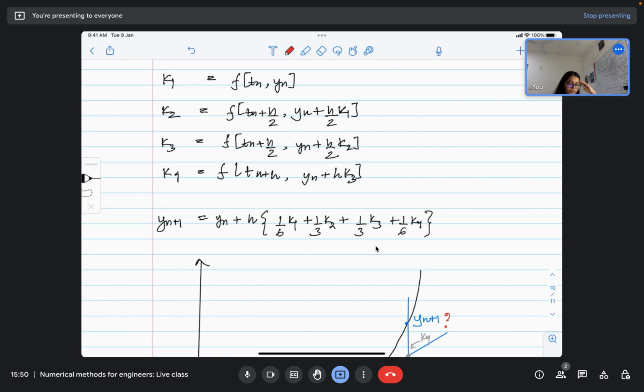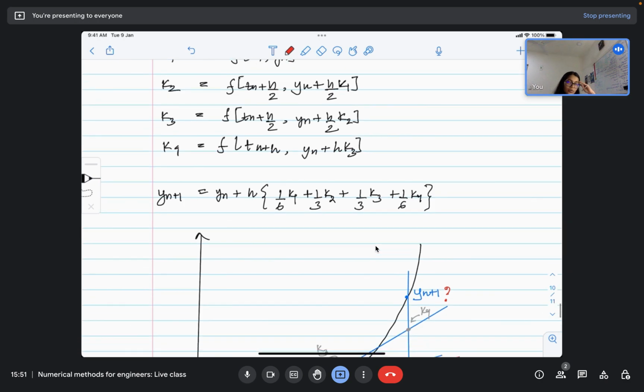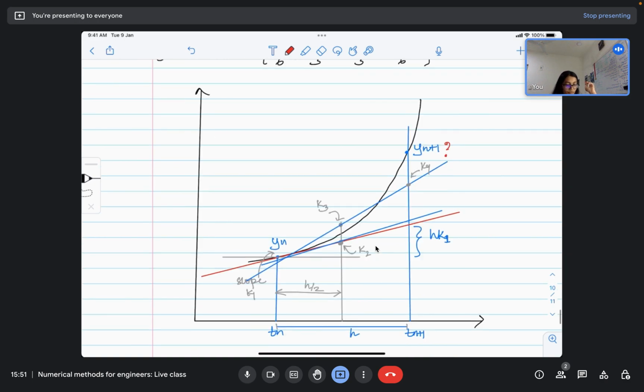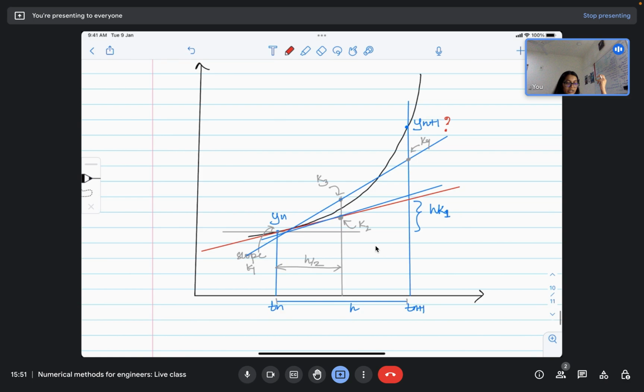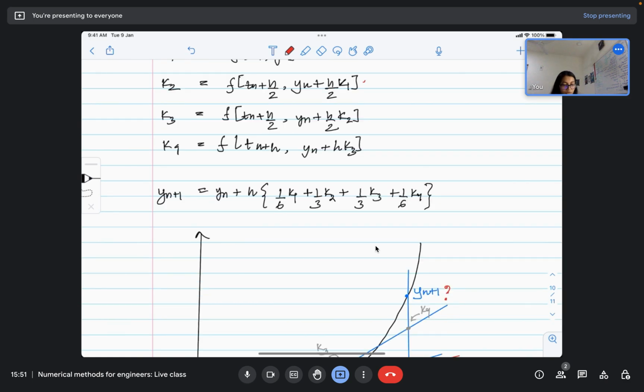Now, how do we calculate the slope for k2? Again there is a thorough derivation and the formula has evolved in that way, but let's try and understand how to get to the point in order to calculate the slope k2. The point is basically Tn plus h by 2.